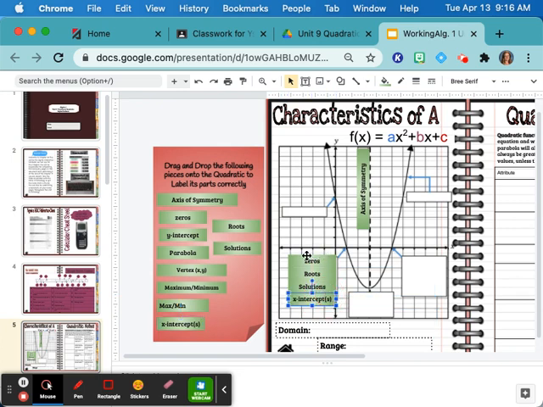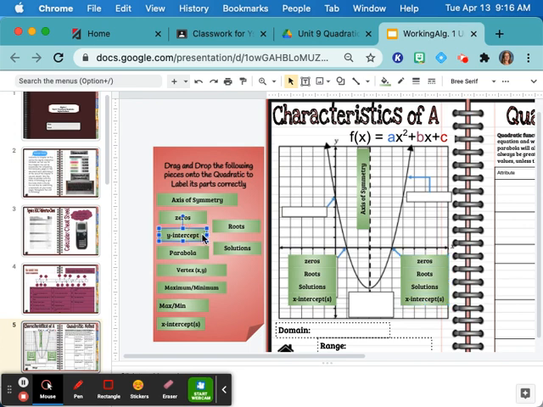So we have four vocabulary words that represent the same thing. So I'm going to copy these over here too. They all represent the same thing. X-intercept. Okay, so we've done axis of symmetry, roots, zeros.